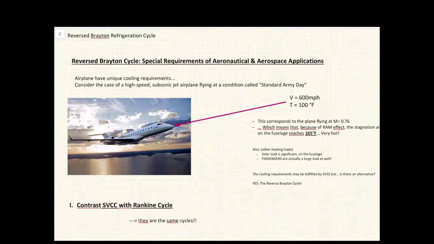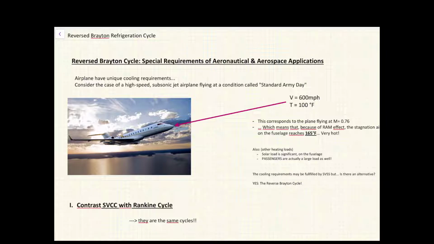And so by the time you've stopped that air that's coming at you at Mach 0.75, its effective temperature goes back to its stagnation point, which is around 165 F. So we're going to be using air at 165 F to cool down the cabin. So that's going to be quite a challenge, right? That's one of the major challenges that this industry faces.